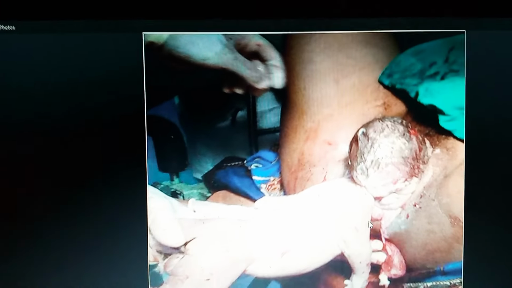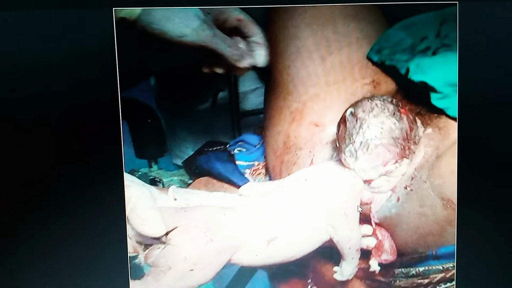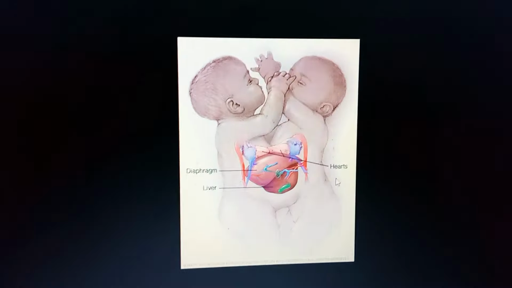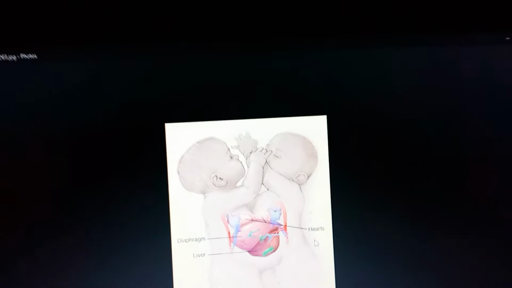So you find that on the general examination, these women present with maternal distress signs. They are anxious, they are restless, they can be sweating. Their pulse is raised and the temperature is always high. But when you look at the partograph for such women with obstructed labor, you find that the cervical dilatation progression is slow.